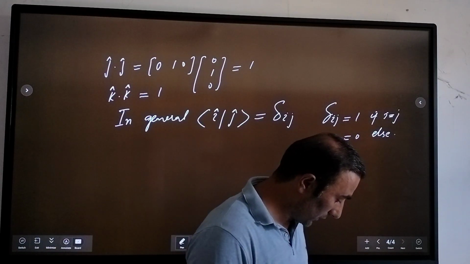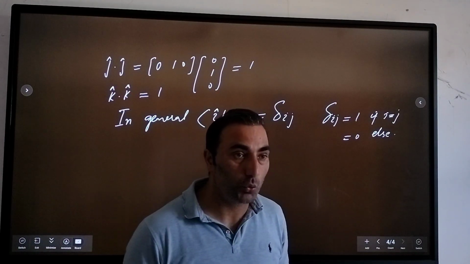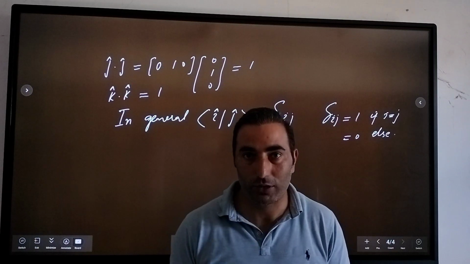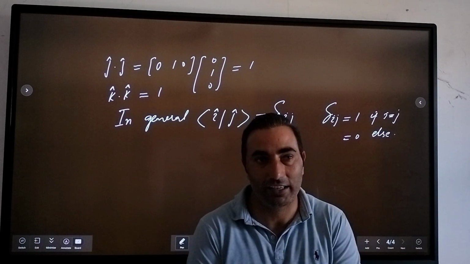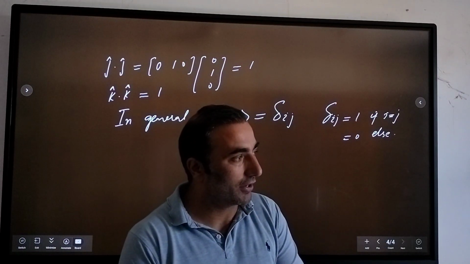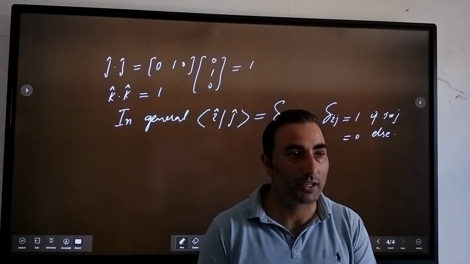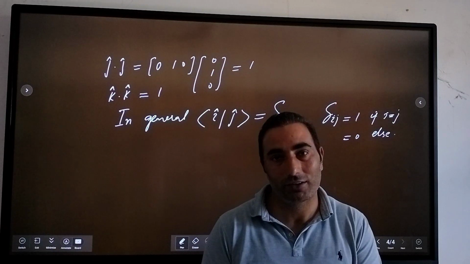And remember one more thing. This was the inner product, the scalar product, which we also call the dot product, so you can call it by any name: inner product, scalar product, or dot product.